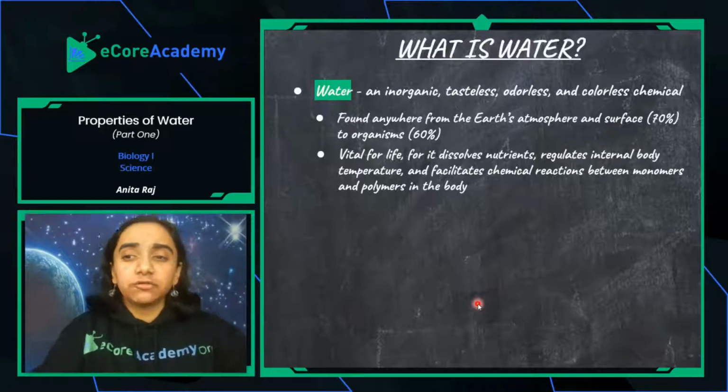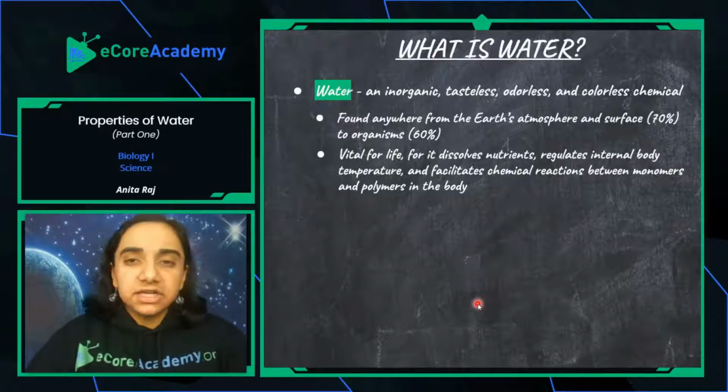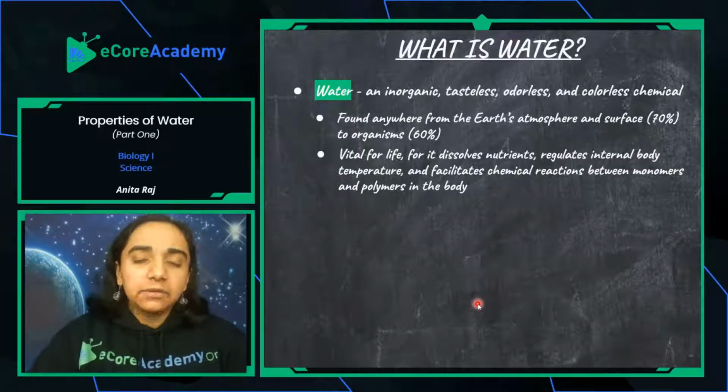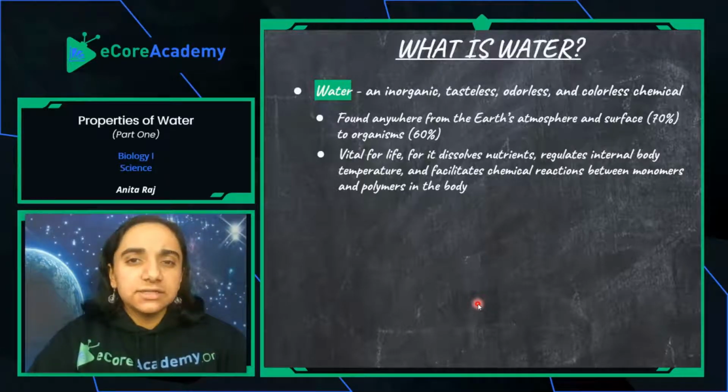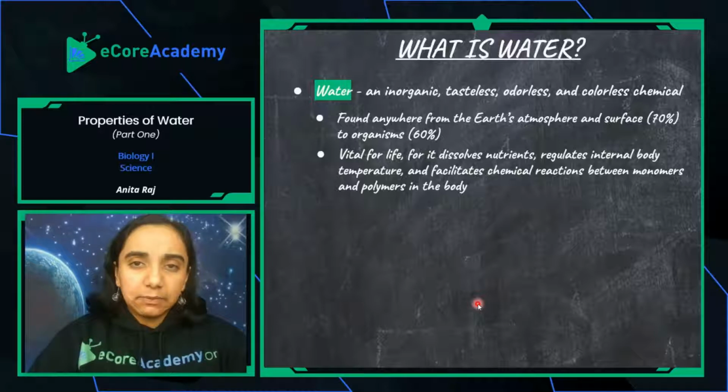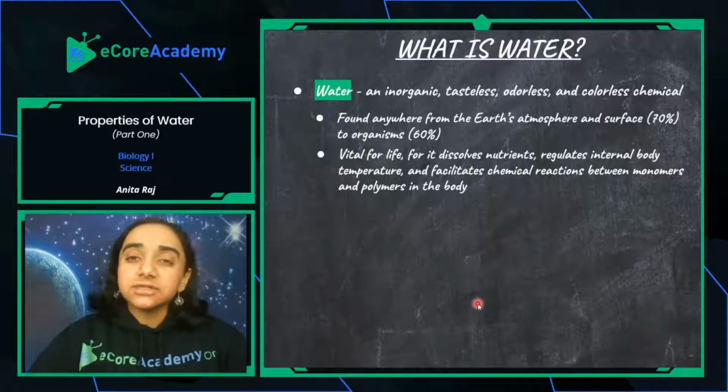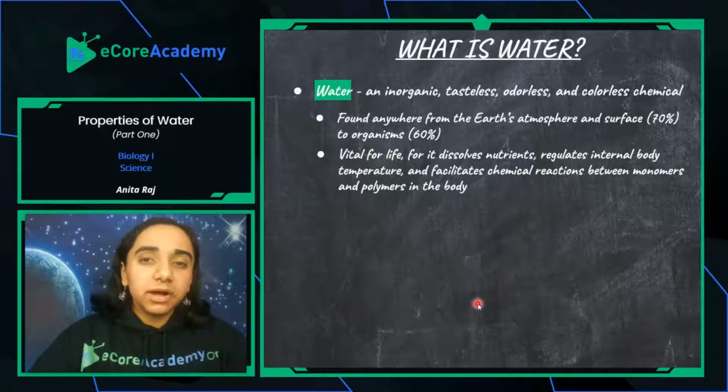And additionally, it'll regulate internal body temperature. We'll be talking about things like high heat of vaporization, and those things help give you an idea of how water regulates temperature. So a good example would be a city that is in the mountains versus a city that is by the ocean.